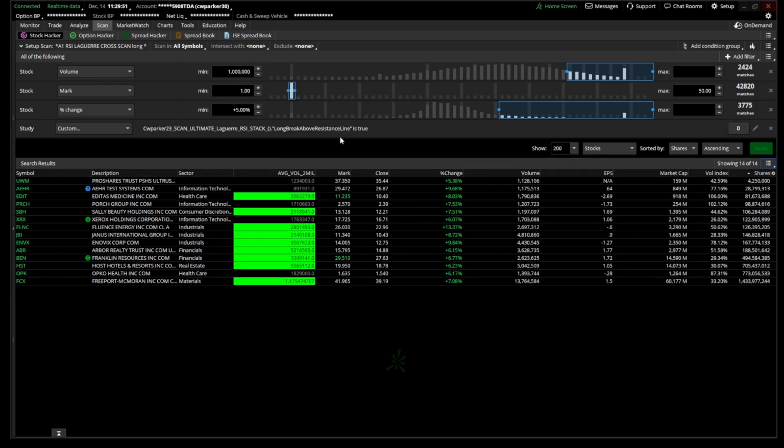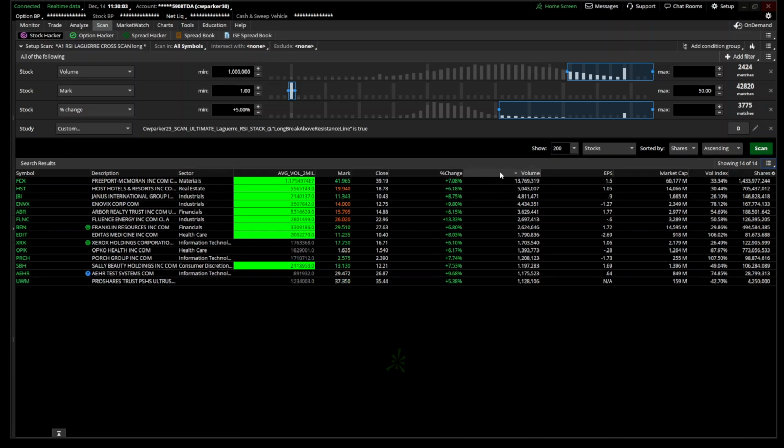So these are the ones that have broken above the resistance line. So let's find something that, let's see which one has the greatest volume. FCX.